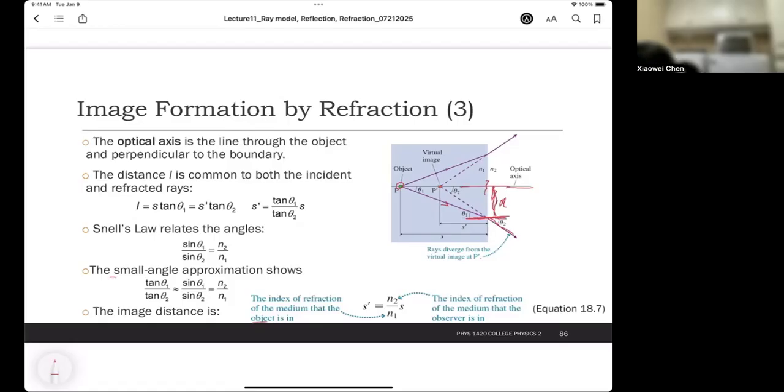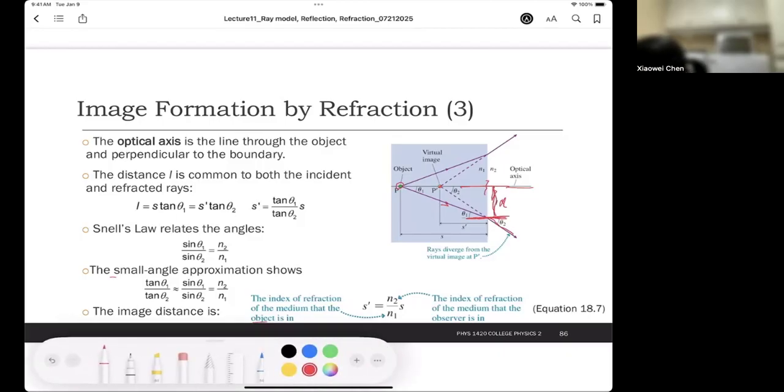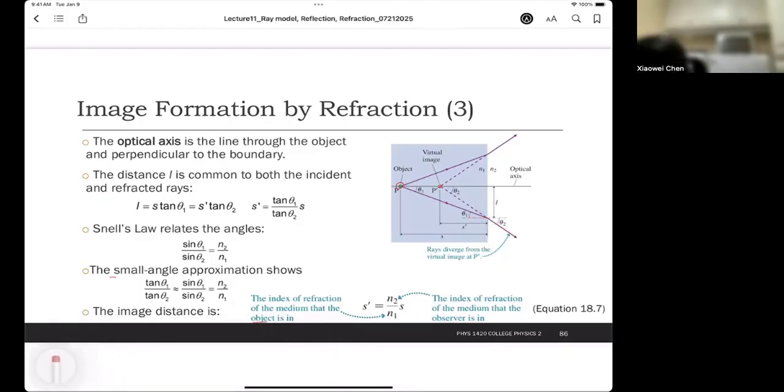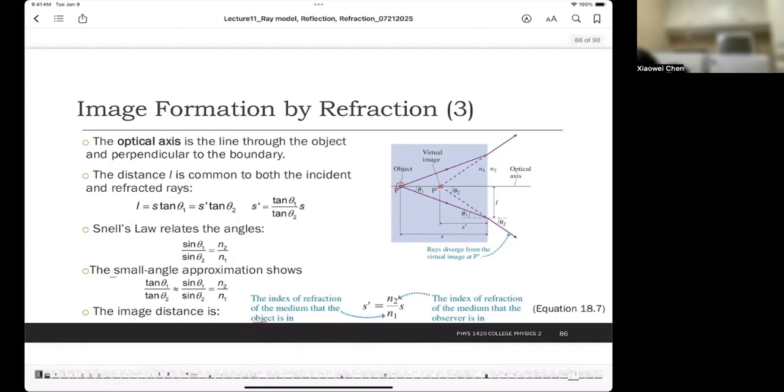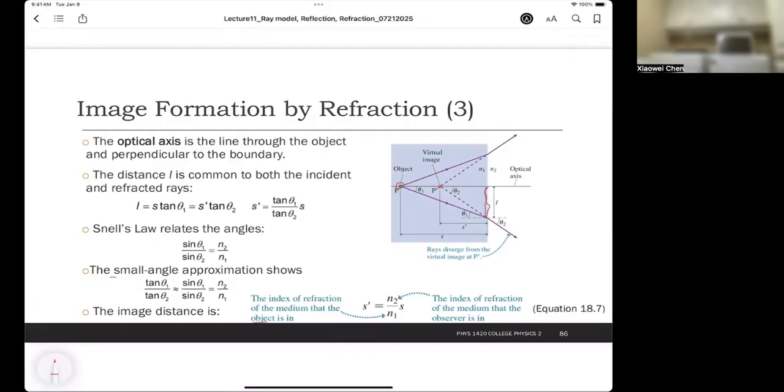Then we can calculate this distance, because this is just this distance. This is theta 1, and this is theta 2.